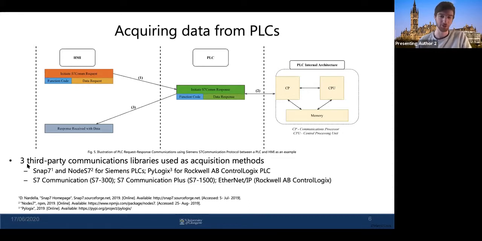And then the Allen Bradley uses something completely different, which is the EtherNet/IP protocol. It's important to note that even though these protocols are different at the application and session layer, they all run on Ethernet, and they are all essentially TCP/IP based protocols. But the reason we had to use different libraries was to be able to make use of the different inherent structures of these.